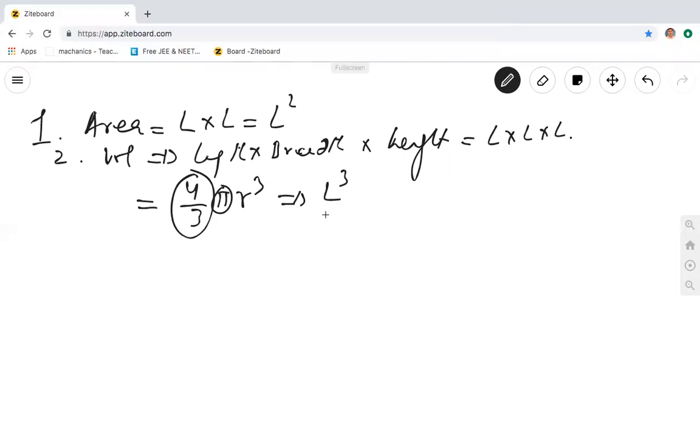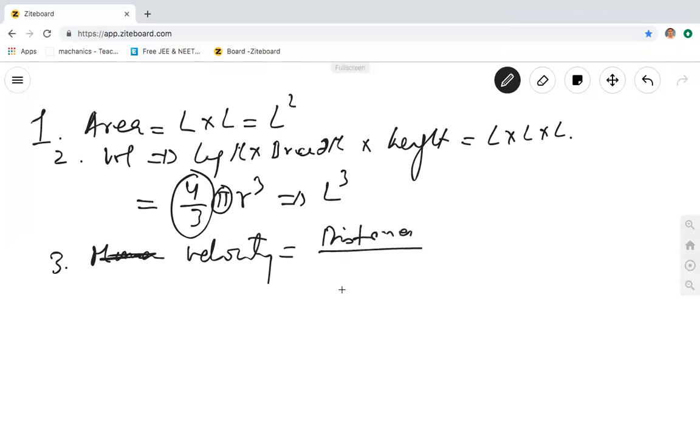Now, number three, let me go to momentum again. Okay, velocity. It is displacement by time, or distance by time.